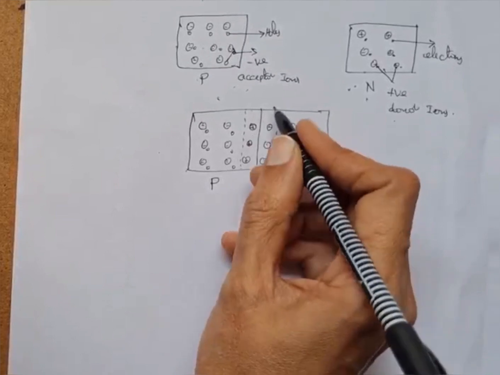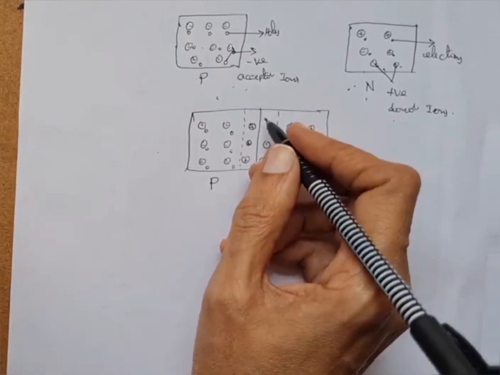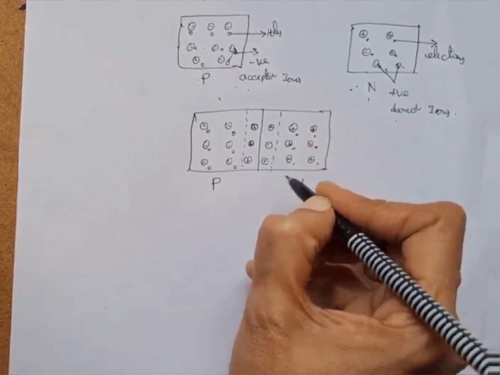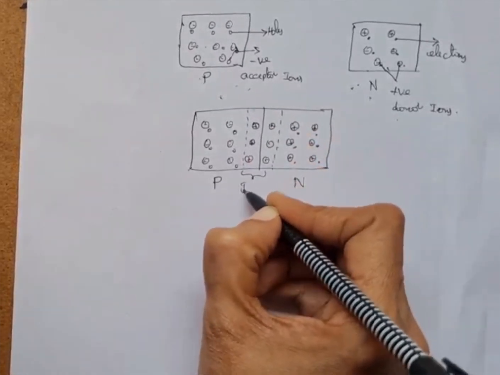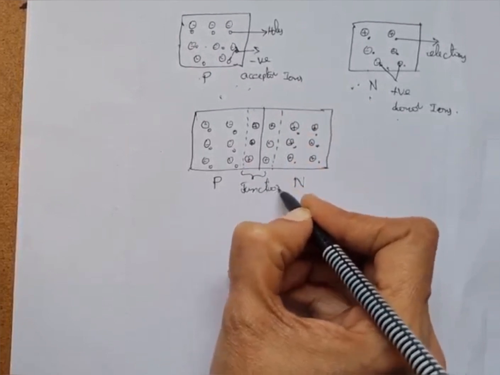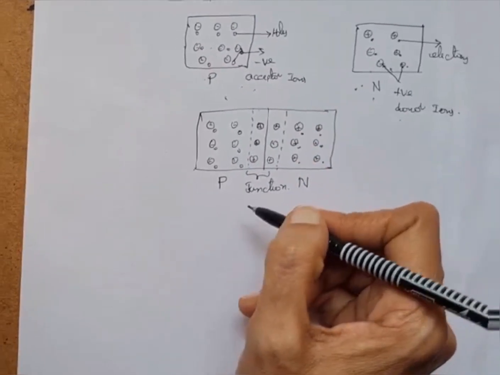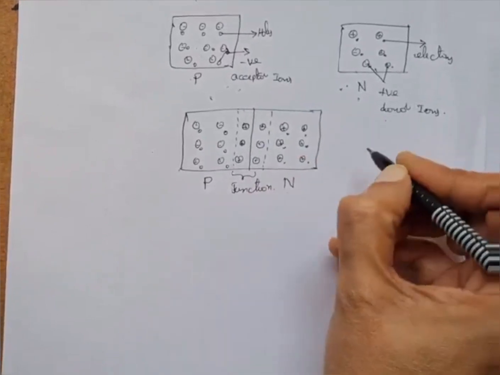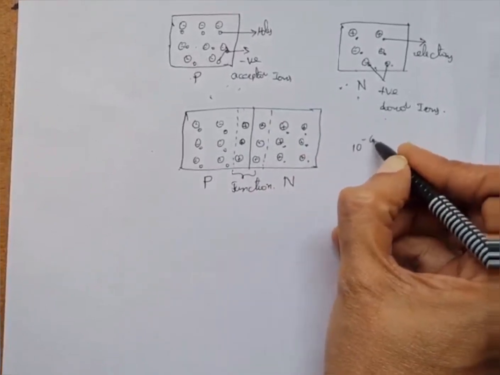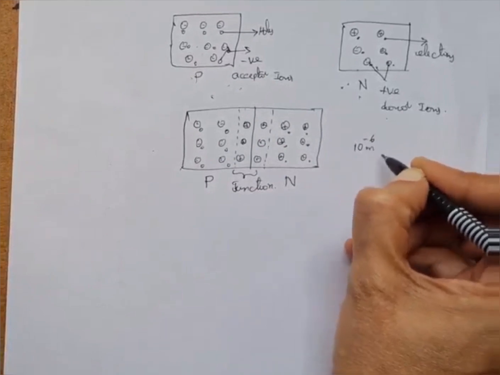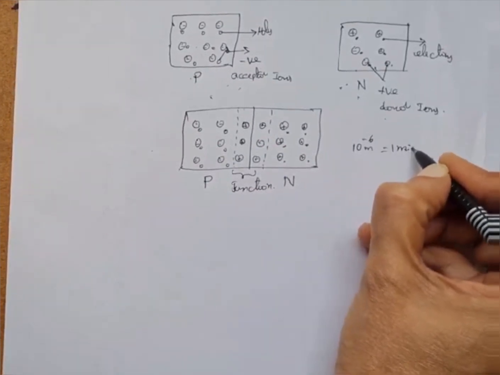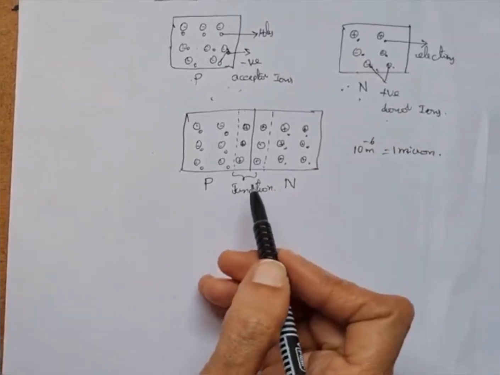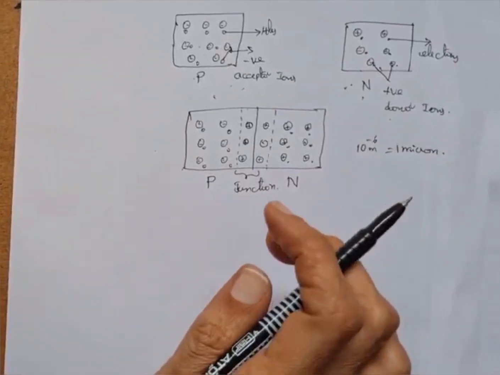This region is called the junction. The thickness of this depletion region is 10 power minus 6 m, which means 1 micron. The depletion region width is 1 micron in a PN diode.